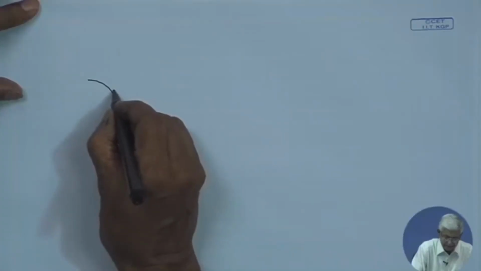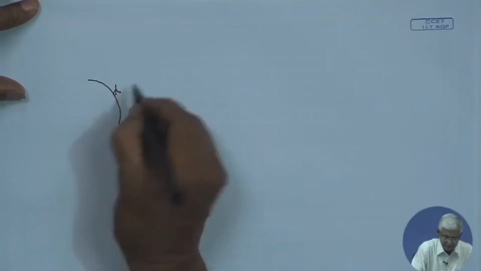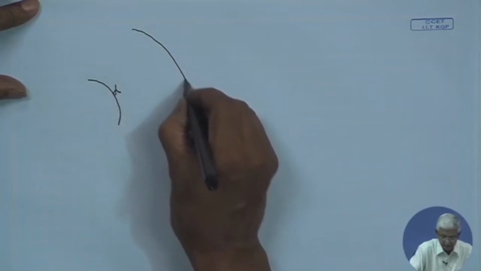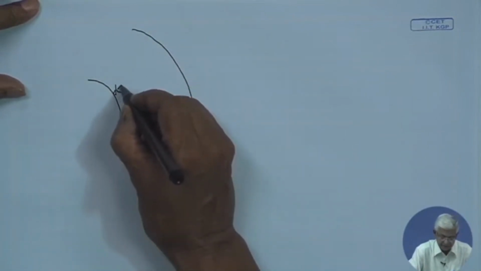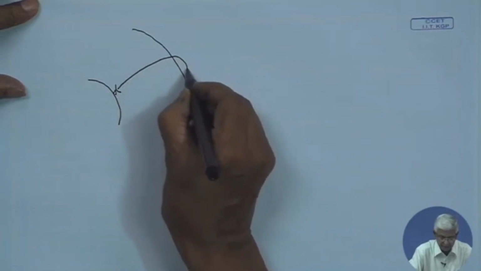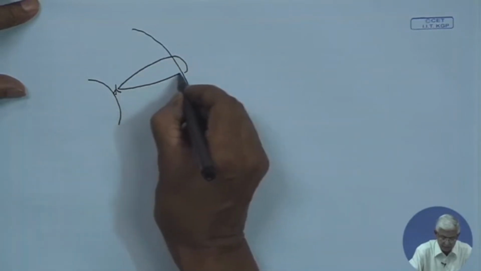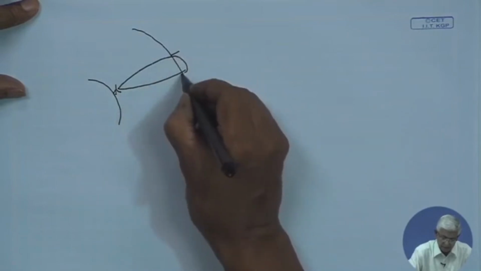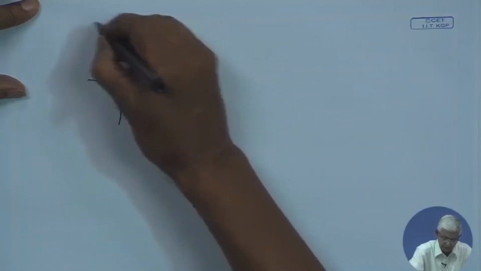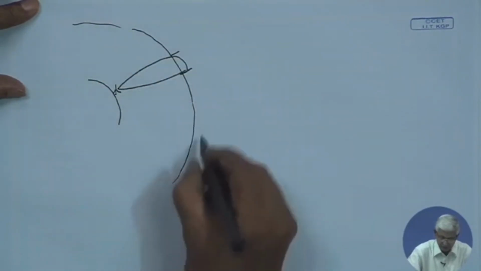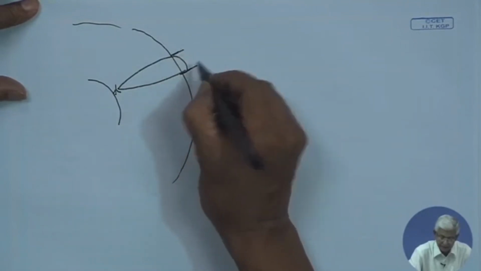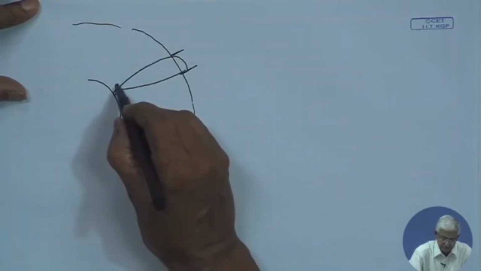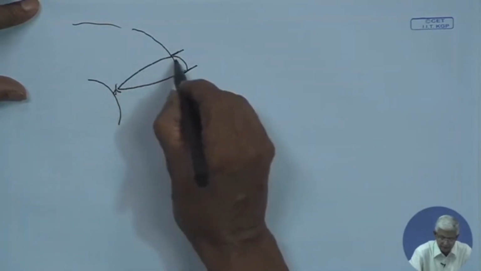Let us have this is the earth, and let us say there is an antenna here, and this is the geosynchronous arc. If this antenna beam is this big, this much part out of the total 360-degree geosynchronous arc, this earth station is occupying.